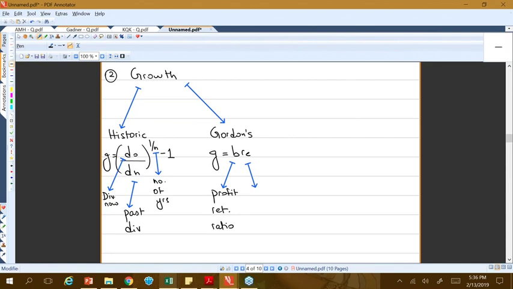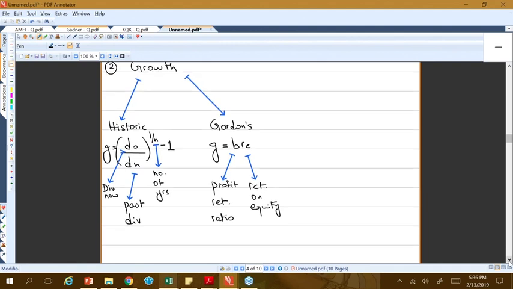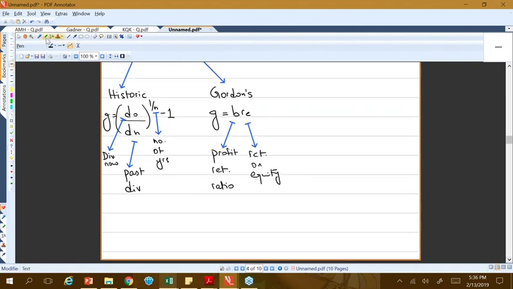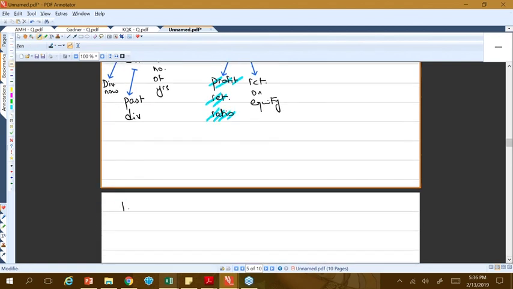And RE is simply the return on equity ratio, which is usually given to us. Within the Gordon's model, the students usually find the profit retention ratio to be more challenging. They find it difficult to find the profit retention ratio. So I'm just going to quickly tell you more about the profit retention ratio.